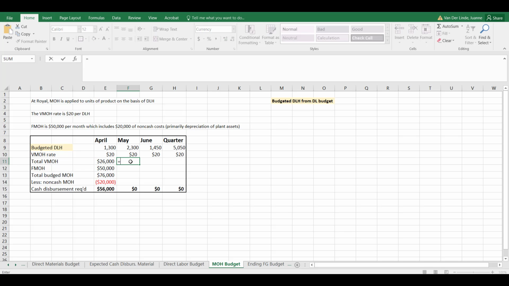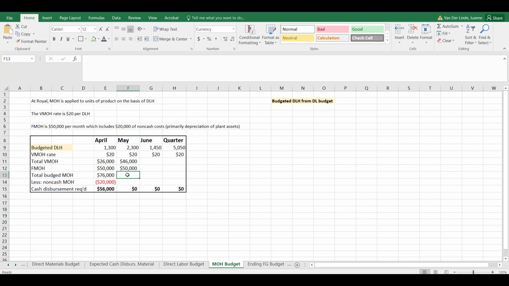In May, we will need 2,300 direct labor hours, and the variable overhead rate is $20 per direct labor hour. So we anticipate we will spend about $46,000 on variable overhead because the estimate is that we'd be incurring $20 of costs for each direct labor hour used. So the total variable overhead we estimate for May is $46,000 plus the $50,000 of fixed overhead.